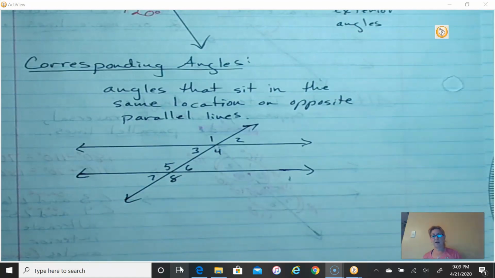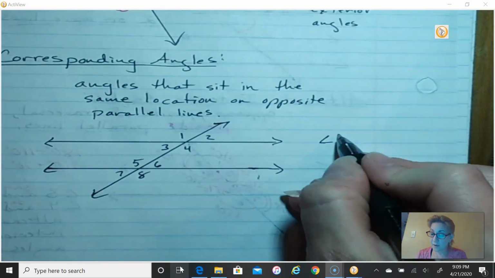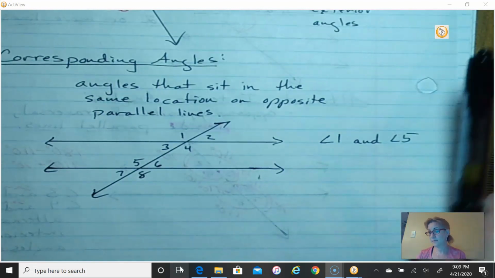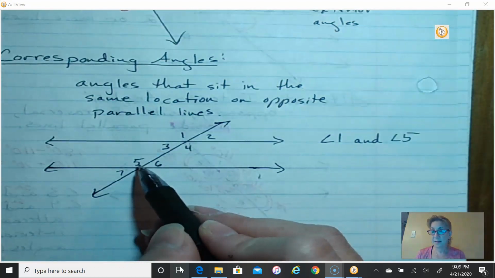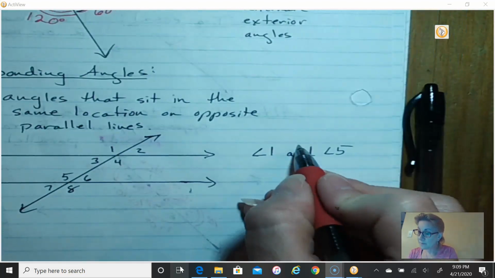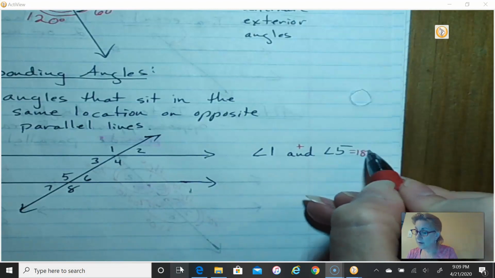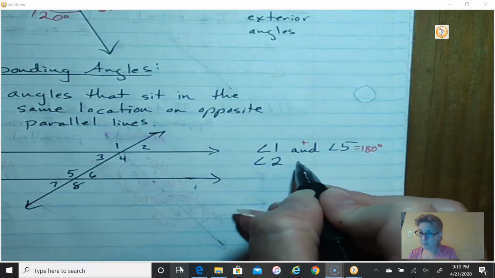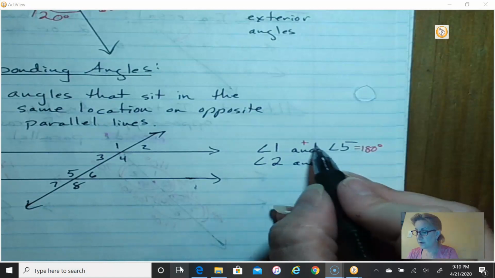Y'all see that? All right, corresponding angles, an example would be angle 1 and angle 5. If you add them together, whoops, they would equal 180 degrees. Angle 2 and angle 6, no, they do not equal 180.